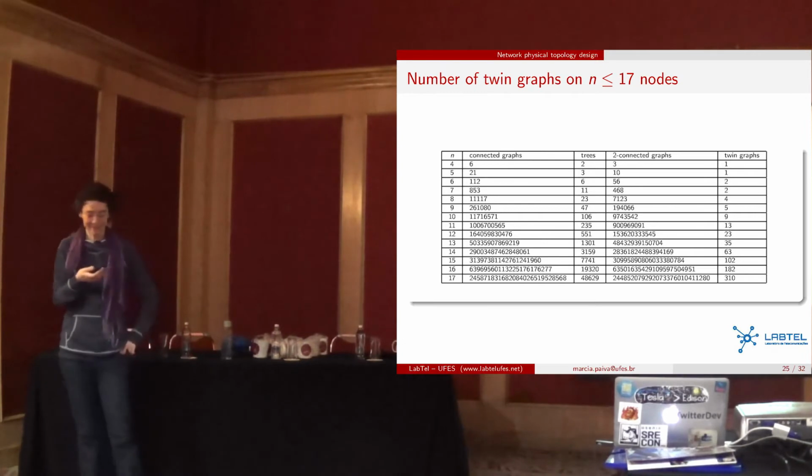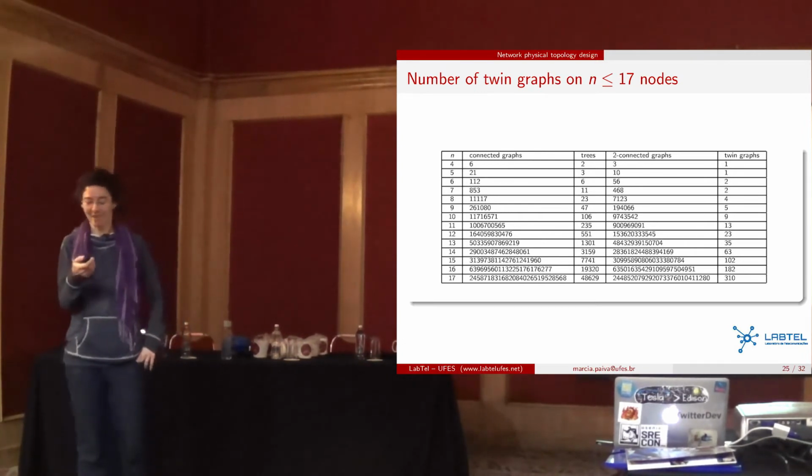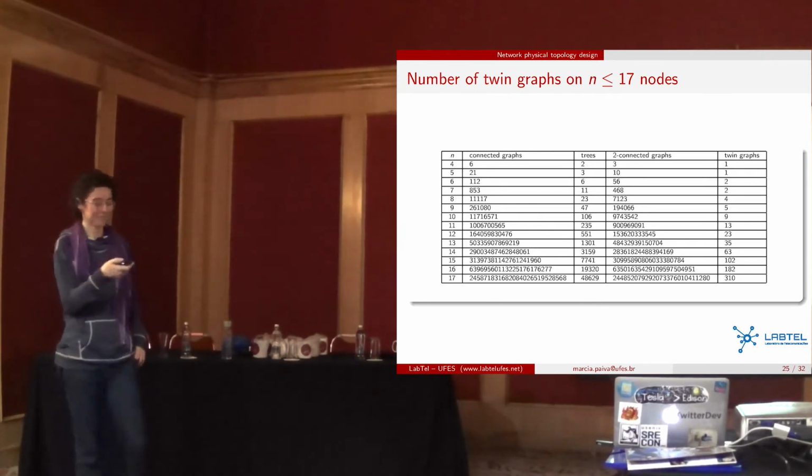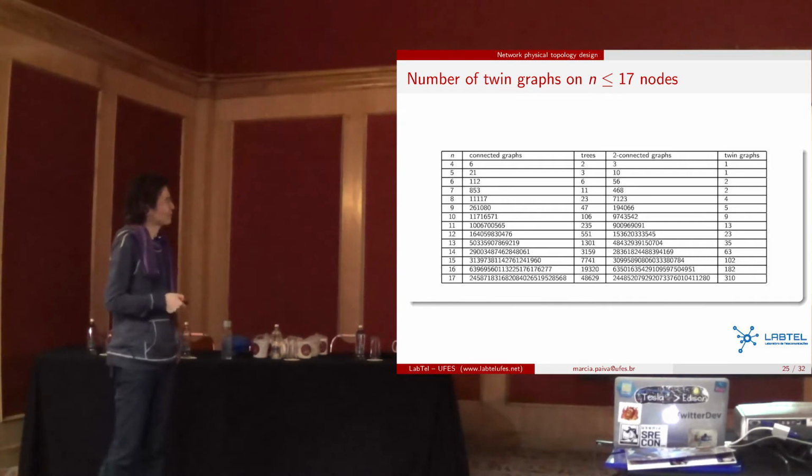Also, to answer the question, how many twin graphs are there? I show you here the number of nodes, and here the number of connected graphs. Here the number of trees on this number of nodes.